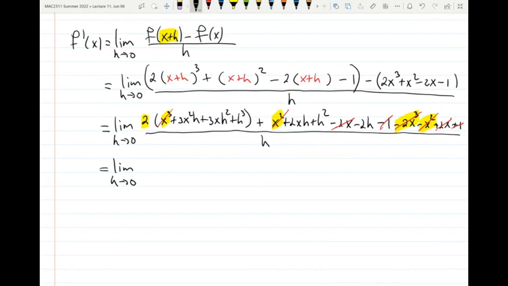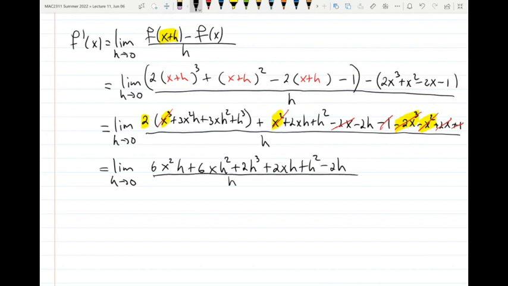After I distribute the 2, I'm going to have 6x squared h plus 6x h squared plus 2h cubed, then plus 2xh plus h squared minus 2h. Everything else was cancelled, all over h. Everybody okay? This is what survived in the top after doing all the cancellations.